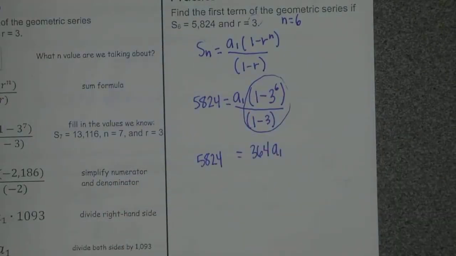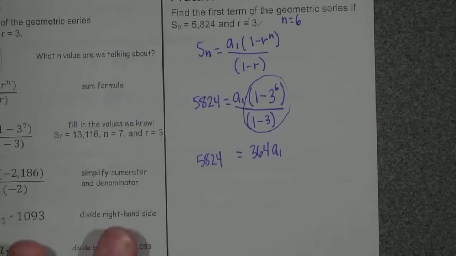So, did anybody else get that 364 so we know that's the right number? I'll check mine just to make sure. All right, what's our next step there? Yeah, I got 364 too.